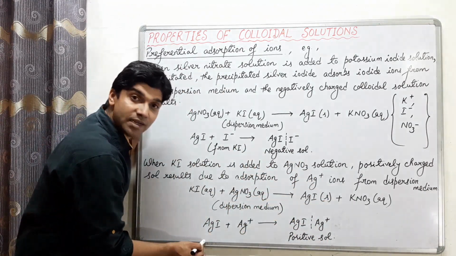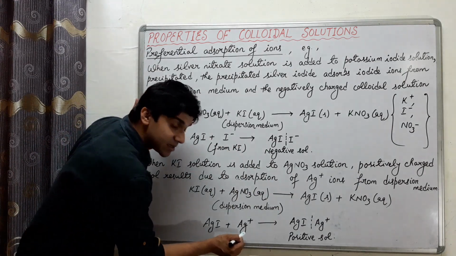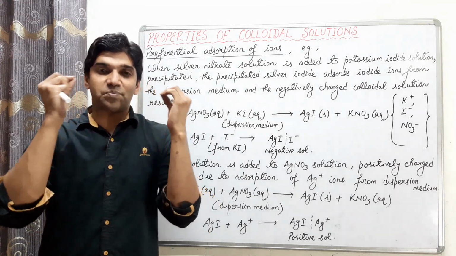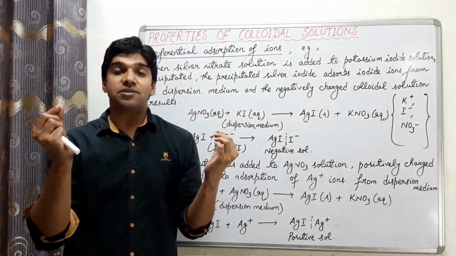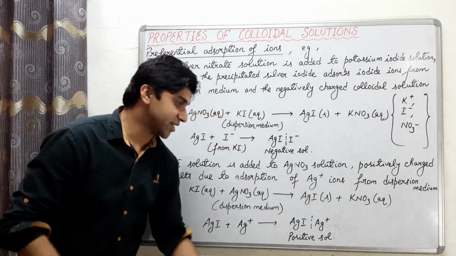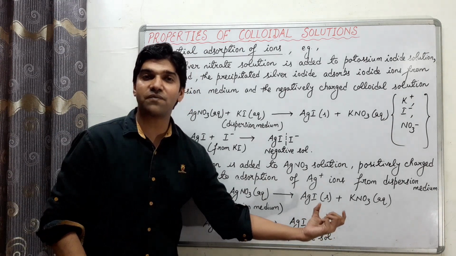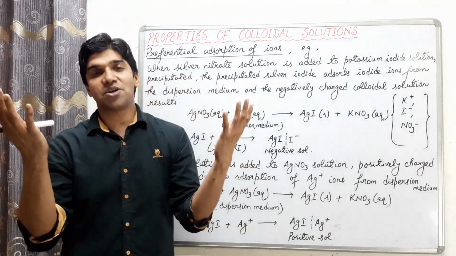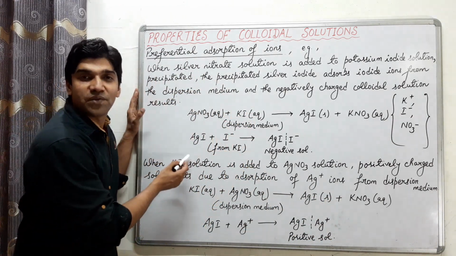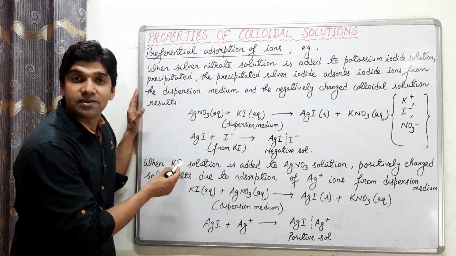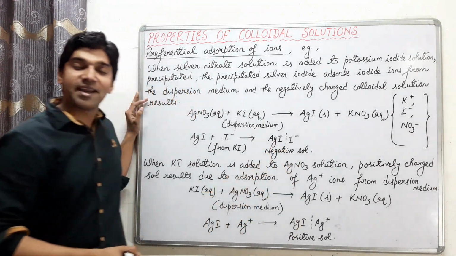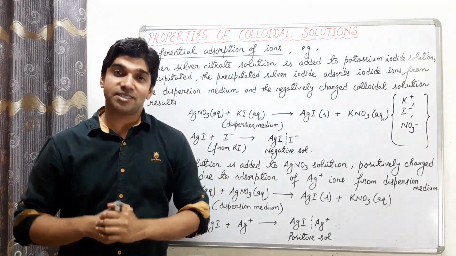सो द पीपीटी ऑफ सिल्वर आयोडाइड will acquire silver ion on the surface, and there is formation of charged particles, colloidal particles of the colloidal range, and in this case the charge is positive because of silver ions on the surface of silver iodide. And that's how we have formation of charges on the sol particles, positive or the negative charges on the sol particles. कैसे हो रहा है?